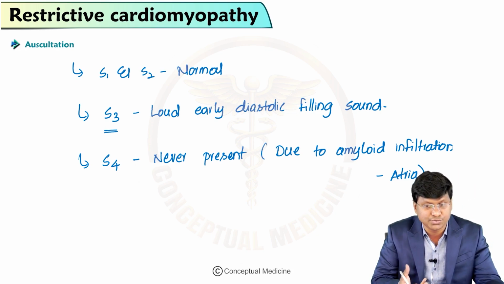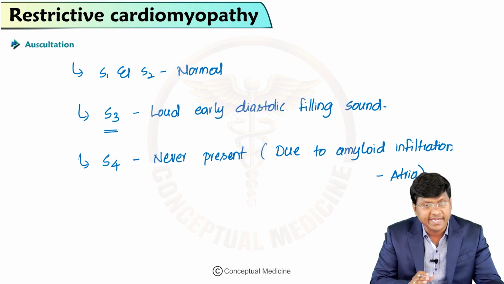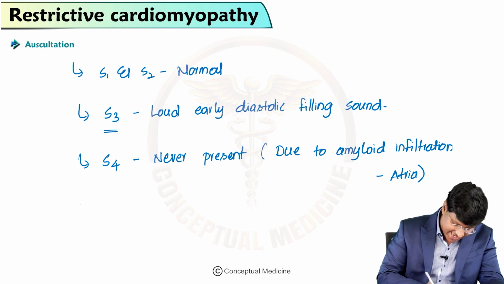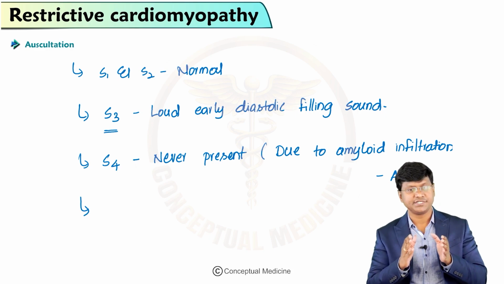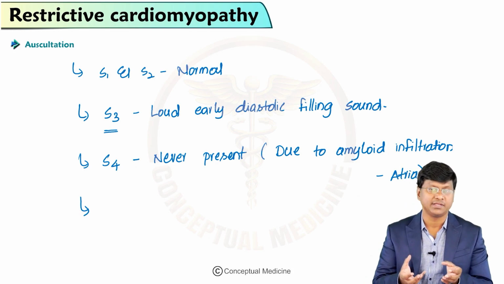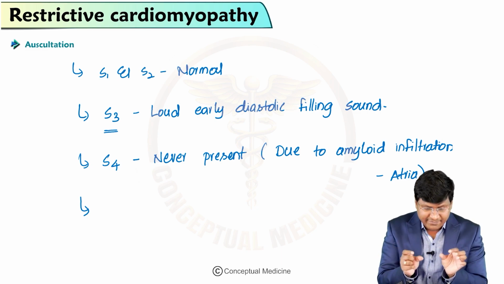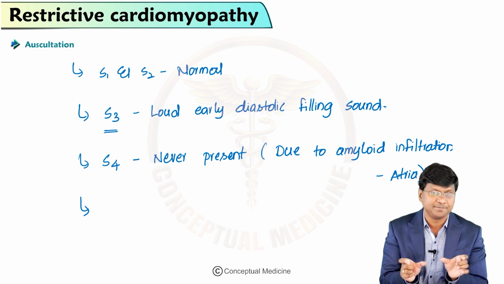Actually, the fourth heart sound is due to atrial contraction, that is, the second rapid filling, and here the atria do not contract because of the amyloid infiltration. And because of the increase in the filling pressures of the ventricles, the atria are dilated. When the atria are dilated, even the mitral valve and tricuspid valve are stretched apart.